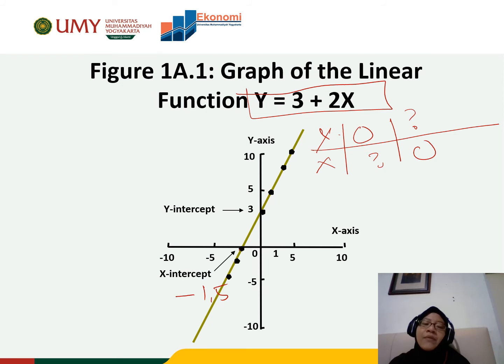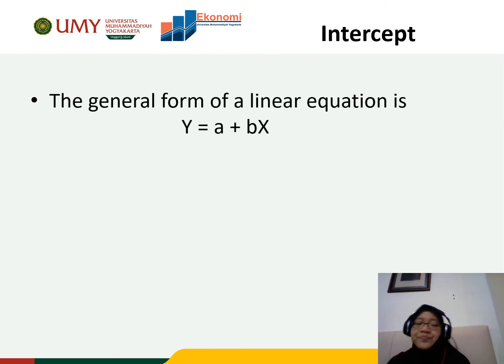Now we see this line here. We're talking about what is 3 and what is minus 1.5. We call 3 the y-intercept, and 1.5 the x-intercept. Why do we call it the y-intercept?